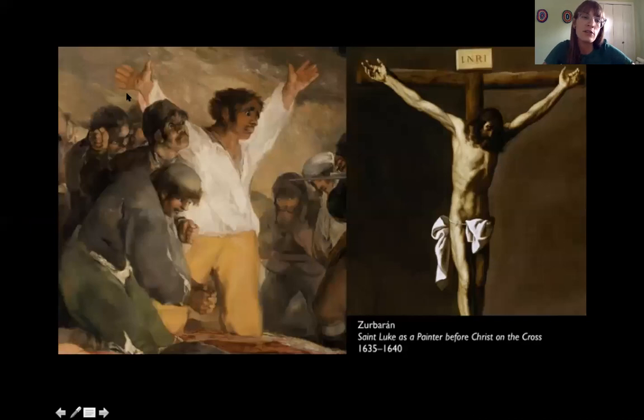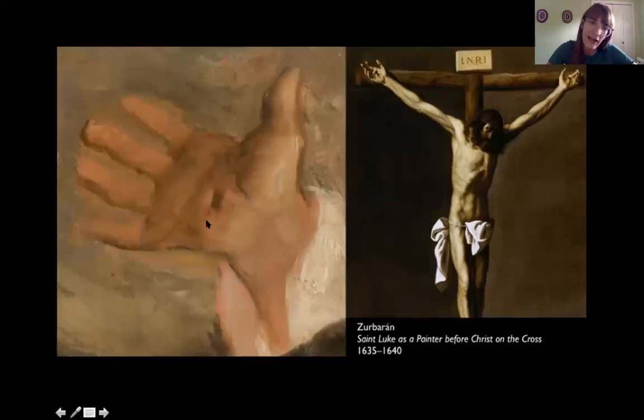You can also look to his palms and see that he's got something that looks like a stigmata. So if you look closely, I've zoomed in, there's a dark spot on his palm. And of course, if you know anything about the stigmata of Christ, you know that these are the symbols that told people that he was Christ after he was risen.